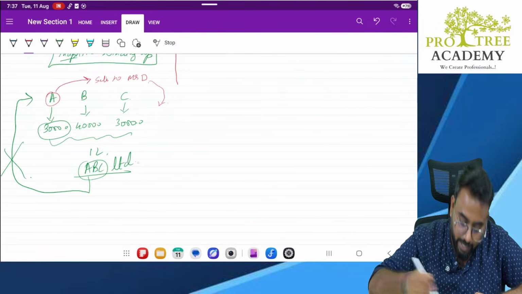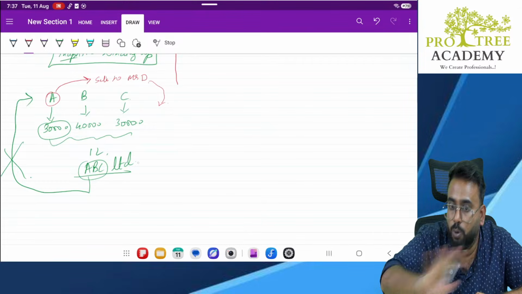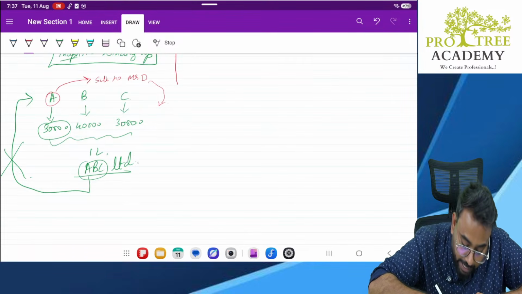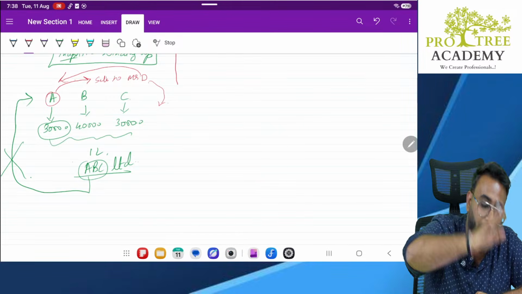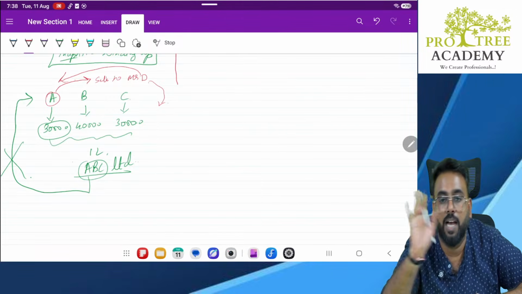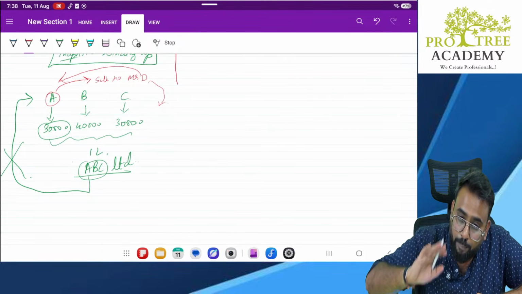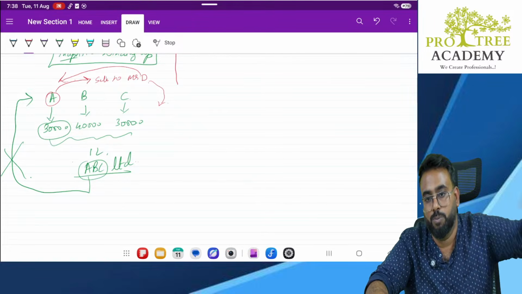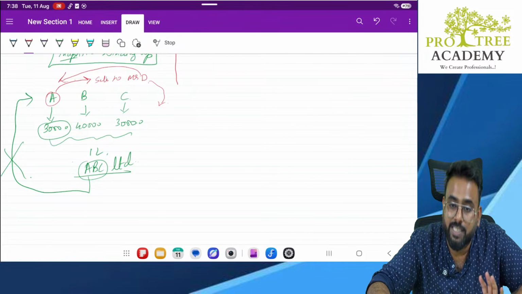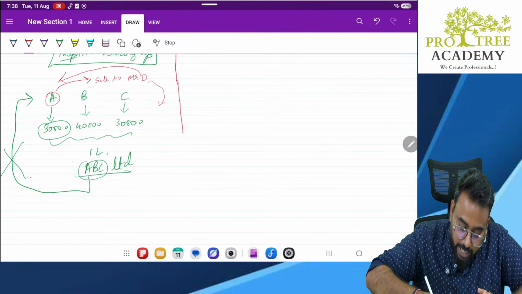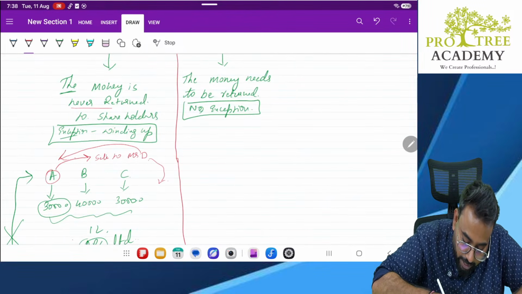No. Who paid? D paid money to A. Because D paid the money, A gave the shares. Did the company pay the money back? No. So, equity shares will never be returned.